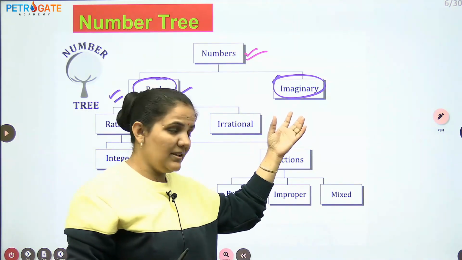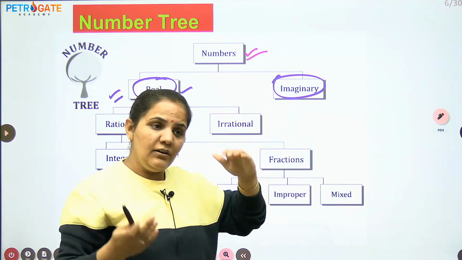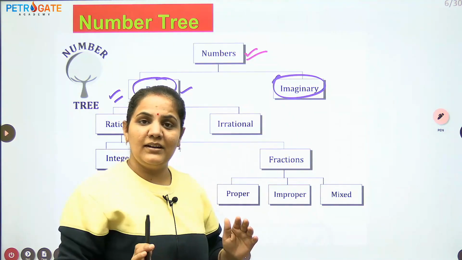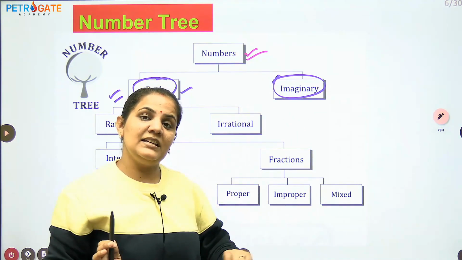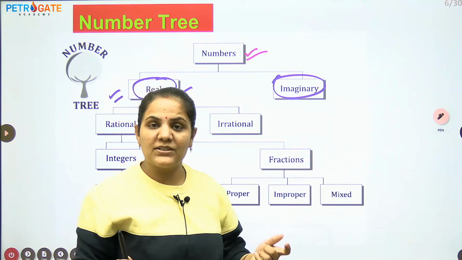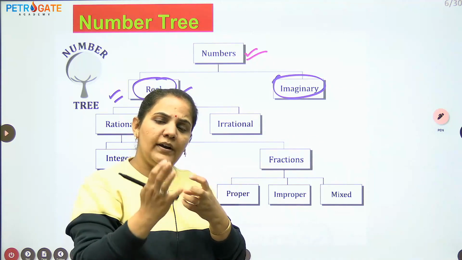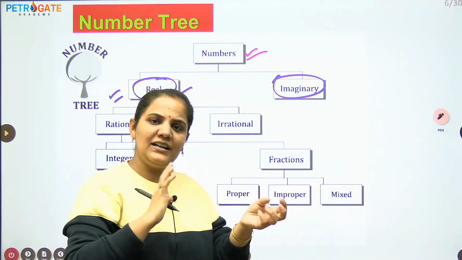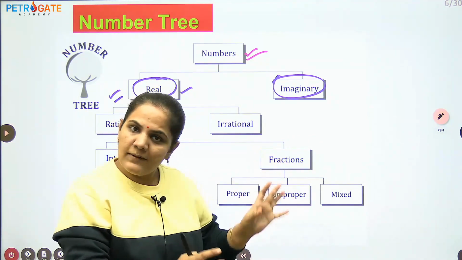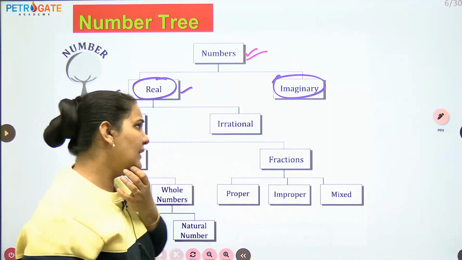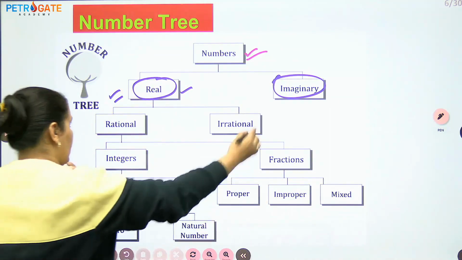Because imaginary numbers are discussed in engineering mathematics, in a particular topic called complex variables, where we find the sum, product, integration, differentiation, each and everything related to imaginary numbers. Here we will not discuss imaginary numbers.